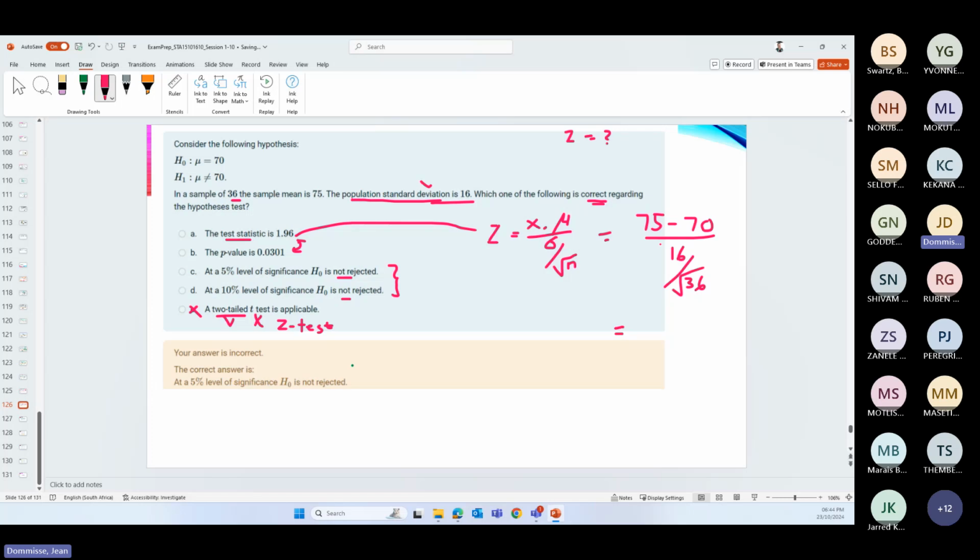So let's see, 75 minus 70 is 5. 16 divided by 6 basically is 2,6667. So if we say 5 divided by that, we get 1,875. Okay, so the T-stat given is wrong. It is 1,875, not 1,96.